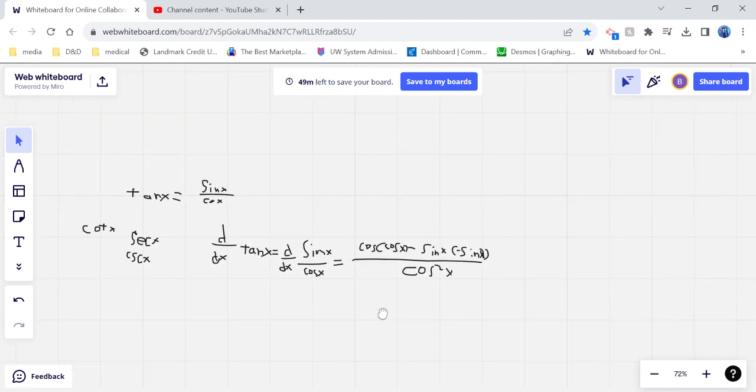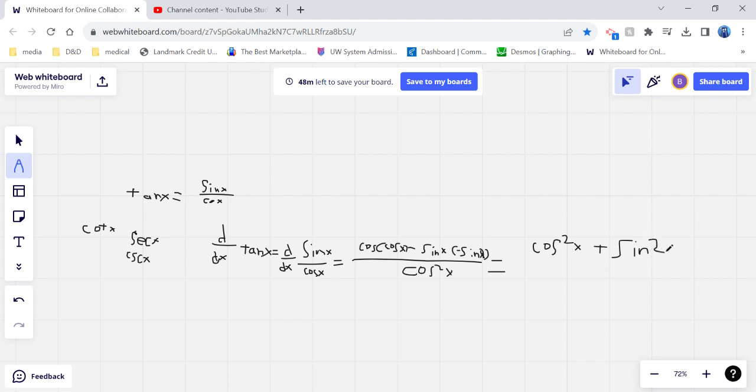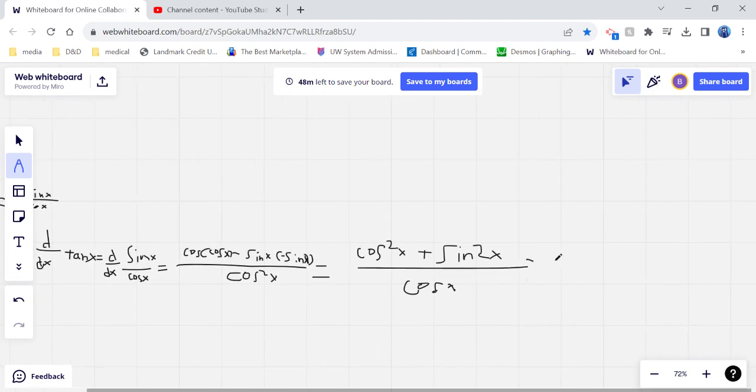So let's simplify this numerator. We have cosine squared of x, and then these negatives cancel out, so we're adding sine squared of x. Now if you're good with your trig identities, you'll realize that cosine squared of x plus sine squared of x equals 1. So this top ends up equaling 1.